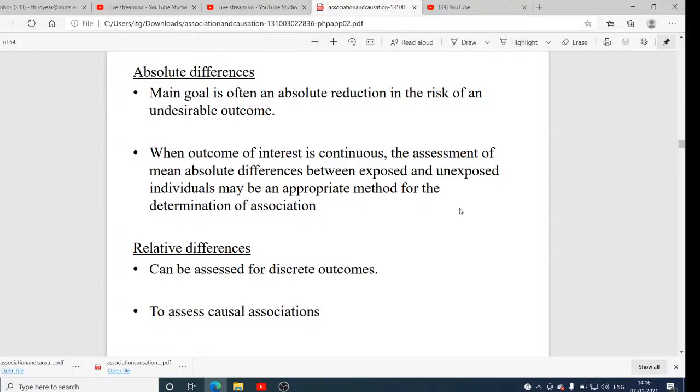Relative differences can be assessed for discrete outcomes and to assess causal association.